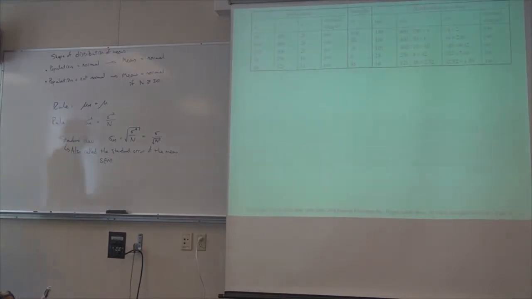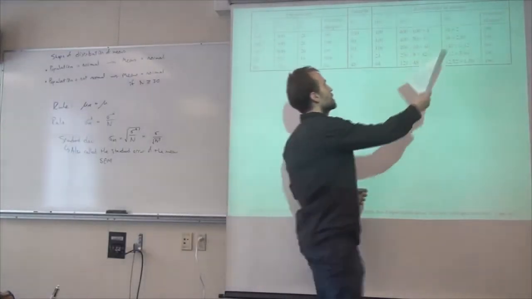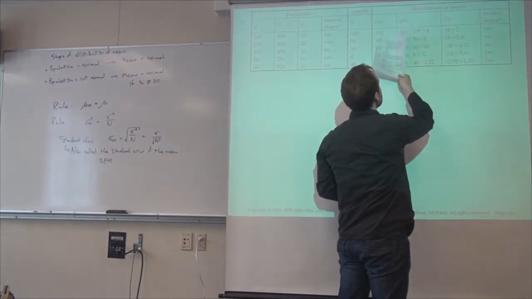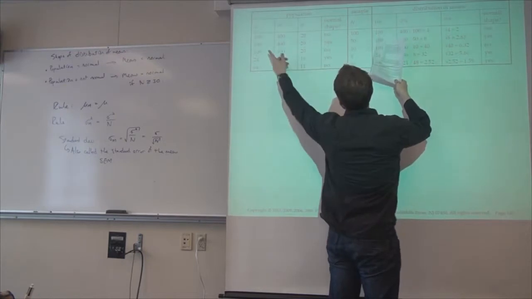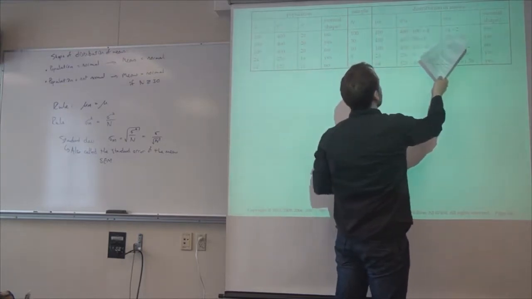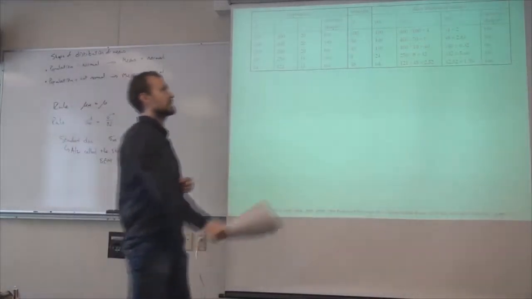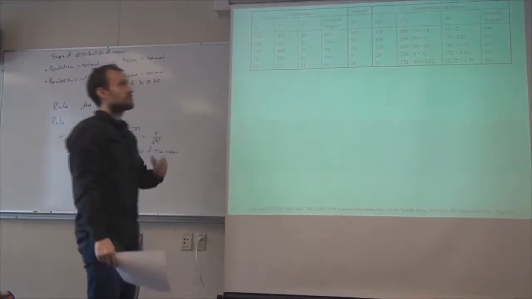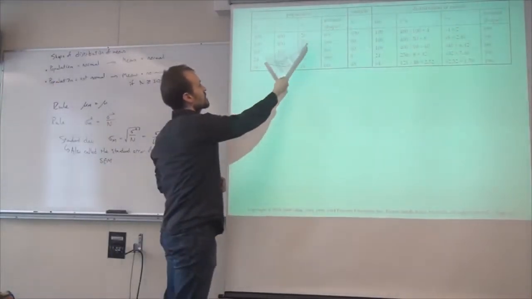If my sample is 100, it doesn't matter. The distribution of means will be normal, and I calculate the new mean as the same, the means are the same, and the standard error of the mean, the standard deviation of the distribution of means, I calculate from the population standard deviation.